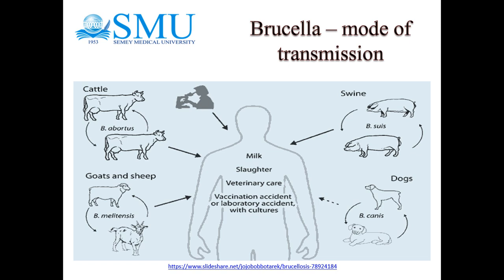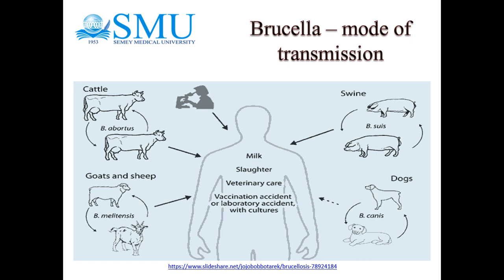Direct contact. The most common route is direct contact with infected animal tissue, blood, urine, vaginal discharge or placenta, with abraded skin or mucosa of men who are involved in animal handling. Foodborne transmission occurs by ingestion of raw milk or dairy products from infected animals, or vegetables or water contaminated with animal excreta.